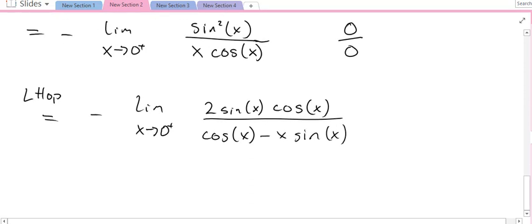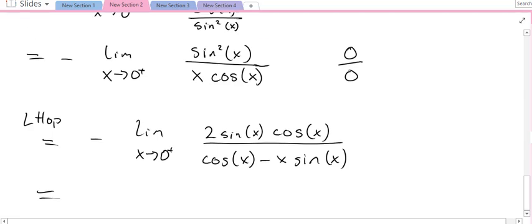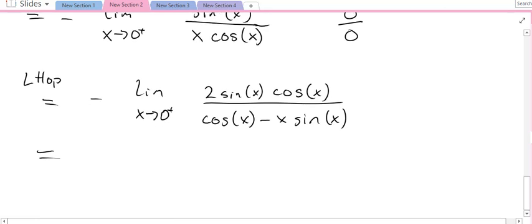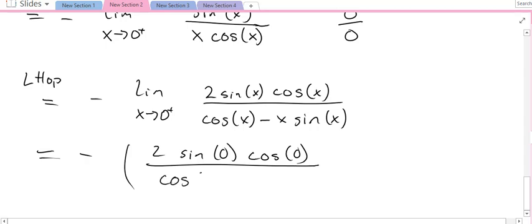Now if we evaluate this and plug in 0, because each time that's what we're doing, we're trying to evaluate the limit by just plugging the value in, because we're dealing with continuous functions most of the time. So we're optimistic that just plugging the value in will work, and we're getting these indeterminate forms each time. So now if we plug this in, we get negative 2 sine of 0 times cosine of 0 over cosine of 0 minus 0 times sine of 0.